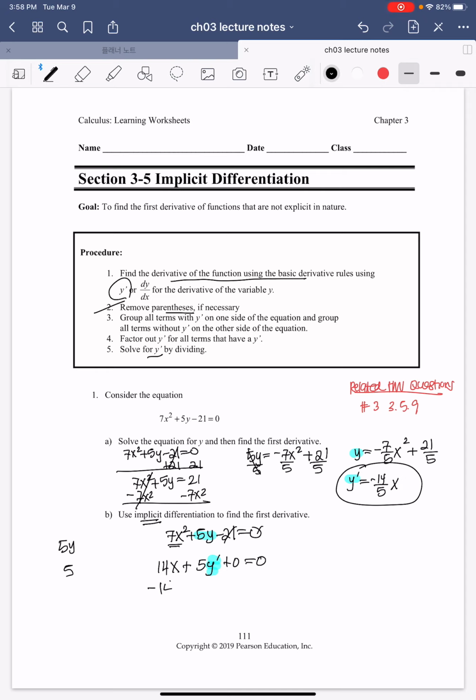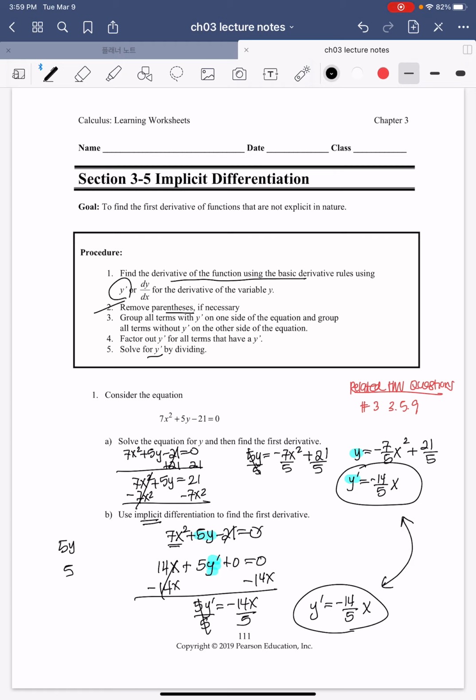So negative 14x. 5y prime equals negative 14x, divided by 5 on both sides. So I have y prime equals negative 14 over 5 x. And you see that we get exactly the same result.